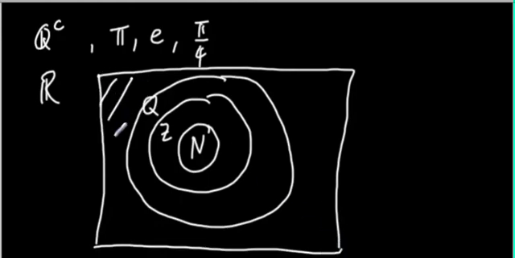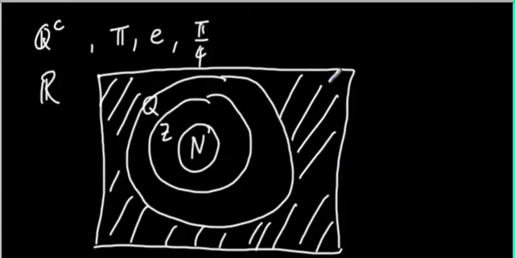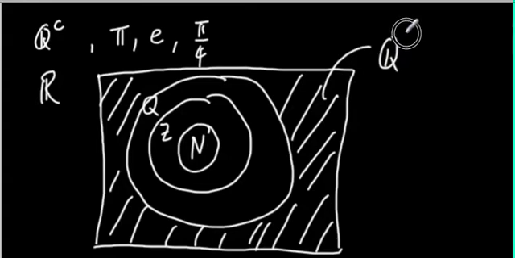And this shaded part that I'm drawing right now is anything that is not a rational number, meaning an irrational number. This whole shaded part right here is just the irrational set. So we can see how everything fits into that Venn diagram.